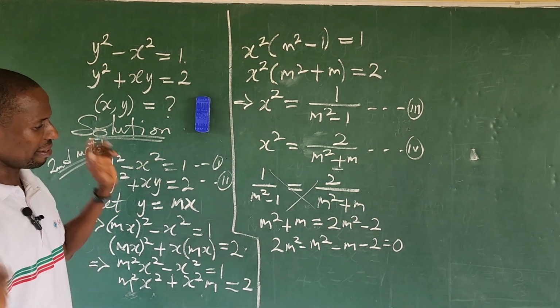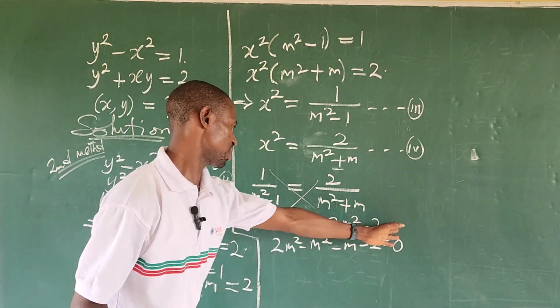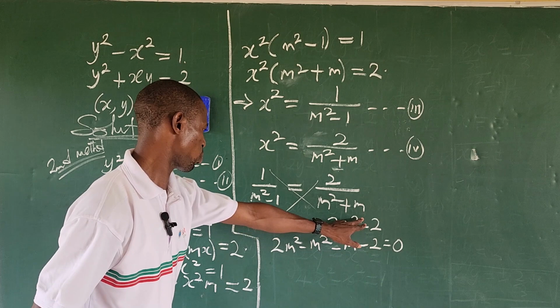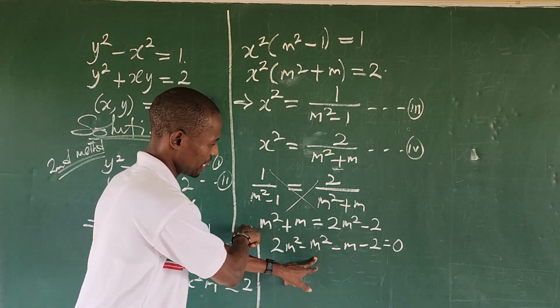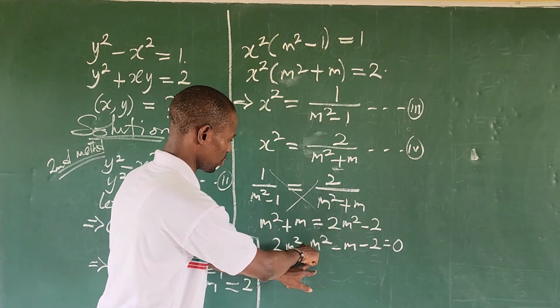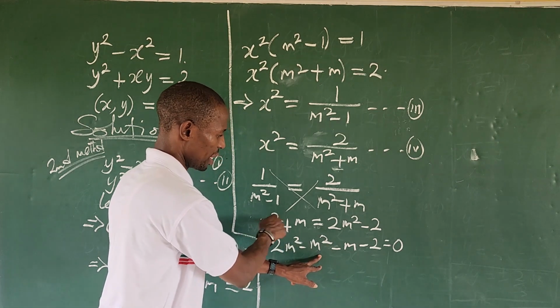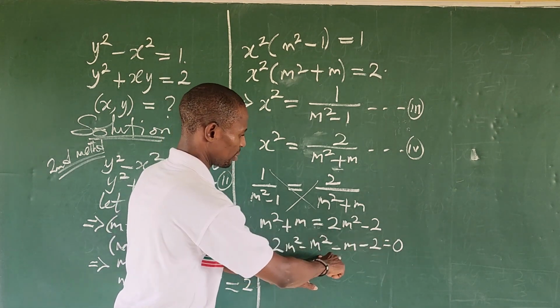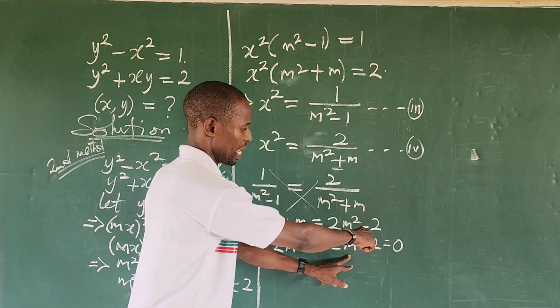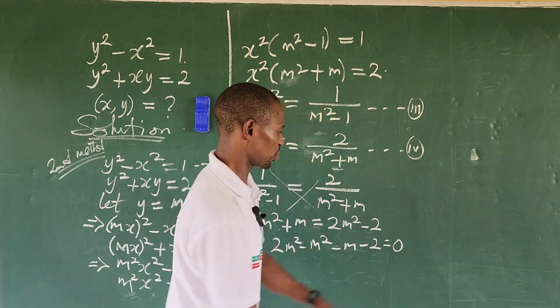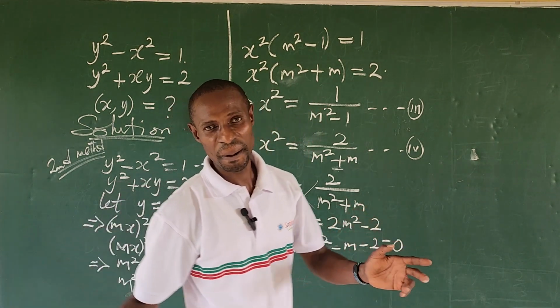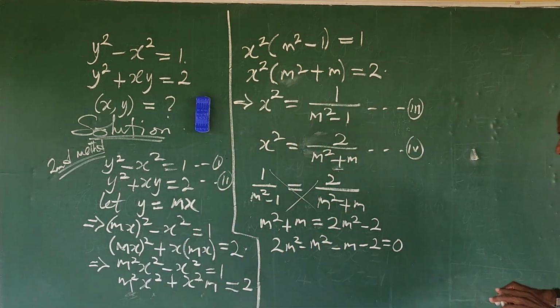Are we in order? Yes. I move everything to this other side of the equation, which is 2m squared. This minus this crosses the sign of equality, turns to minus m squared. Then this crosses to this other side, turns to minus m, then our minus 2 already here, equal to 0. Any confusion? No. All right.